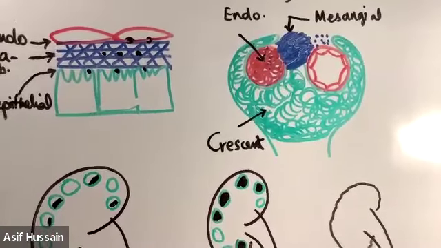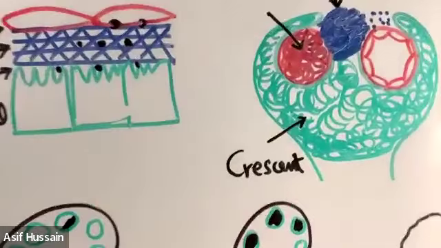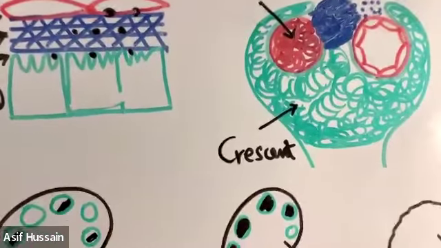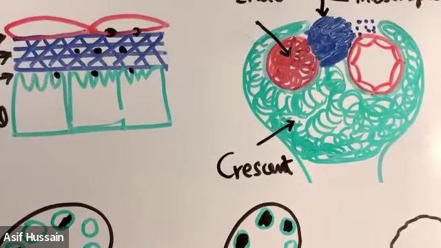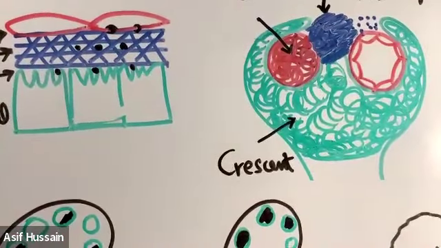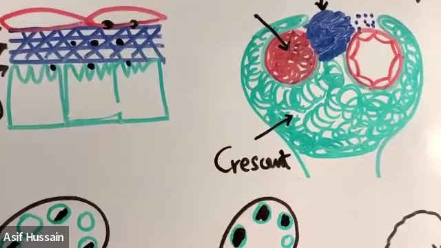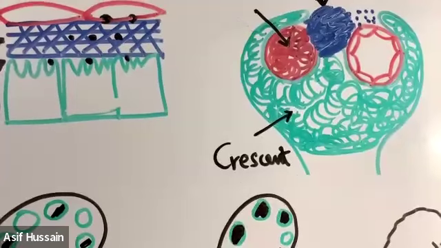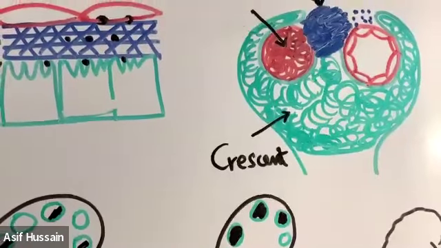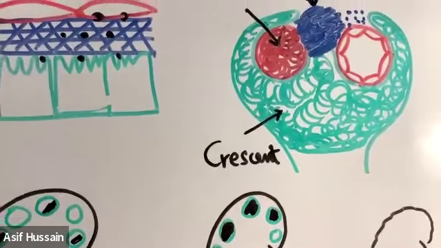Similarly, when there's a crescent formation in the Bowman's capsule, it will not only occlude the Bowman's space, but it will also press on the capillaries. So all this proliferation also compresses the remaining normal capillaries of the glomeruli and causes a further fall in the GFR. Okay, so that's another consequence of the proliferation to cause renal failure, right?